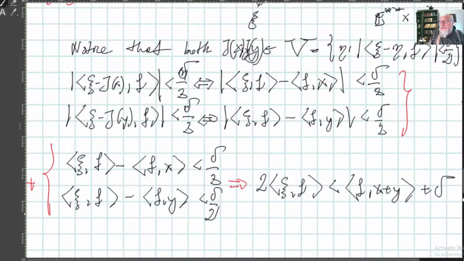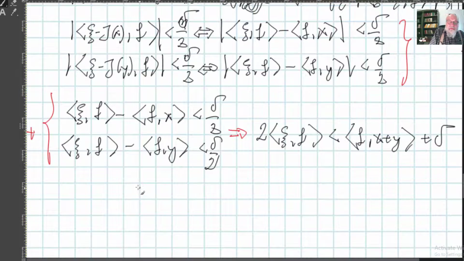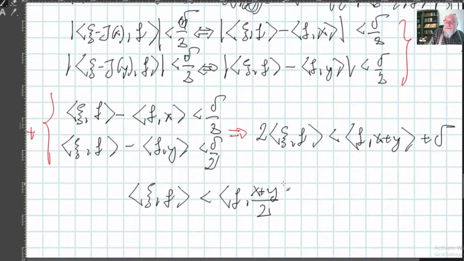We are getting that psi f is strictly smaller than f of x plus y over 2 plus delta over 2. But on the other hand, we still have this condition on f that we didn't use.